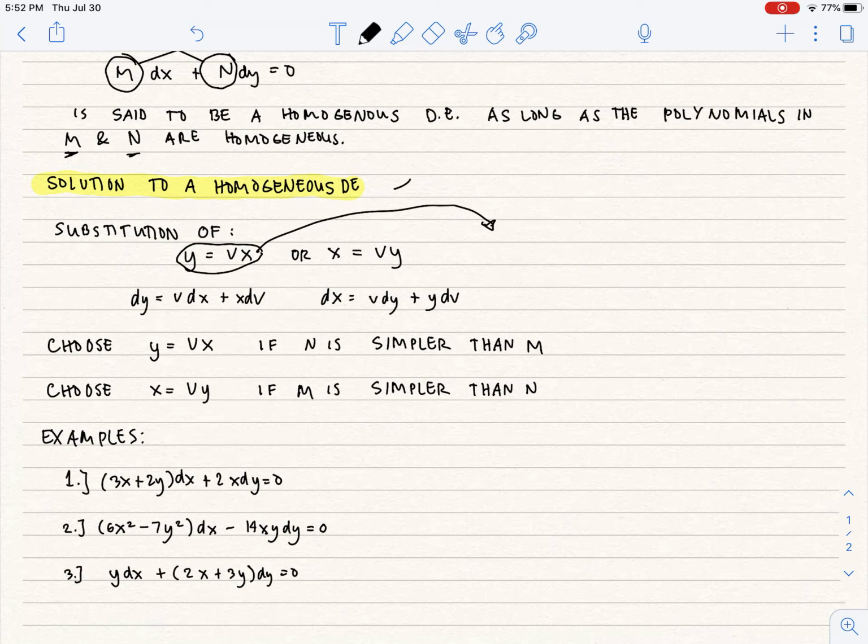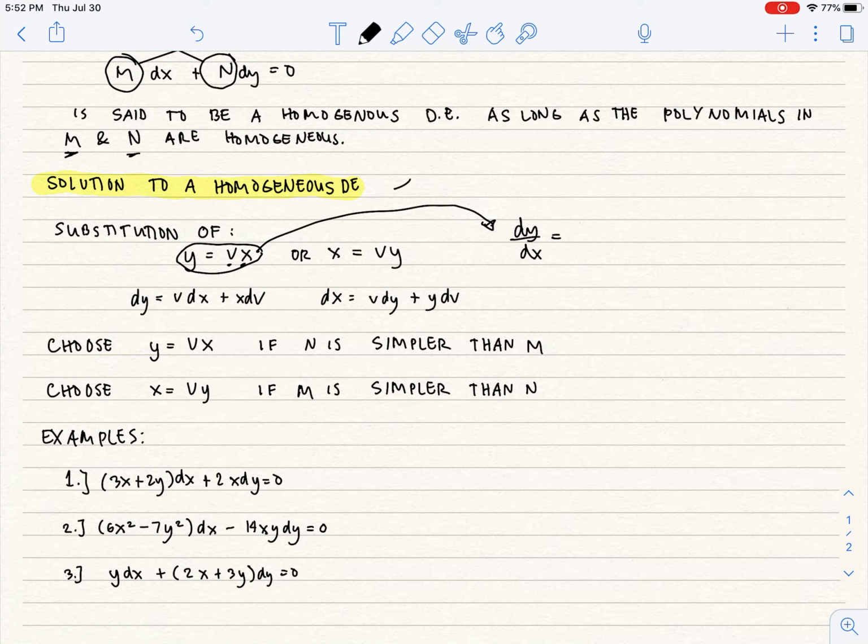So if you're going to differentiate it with respect to x, this is just dy over dx. These are two variables, so we use the product rule, right?